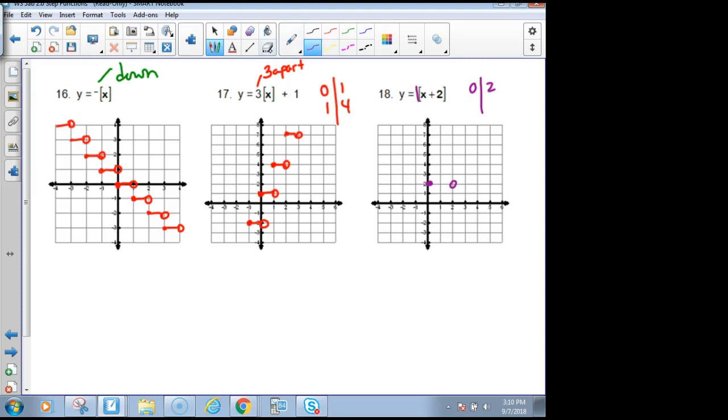Oh, I made a wrong place. I went too far. Okay, when I get to 1, it's going to jump up to 3. Then when I talk about the shift, it's the regular step function, just y equals the greatest integer function.